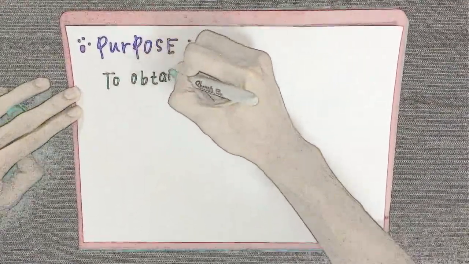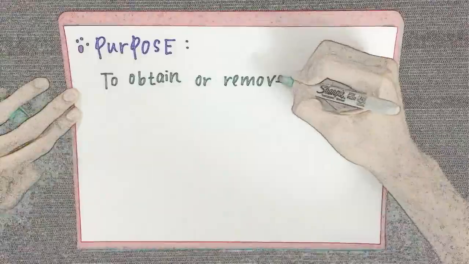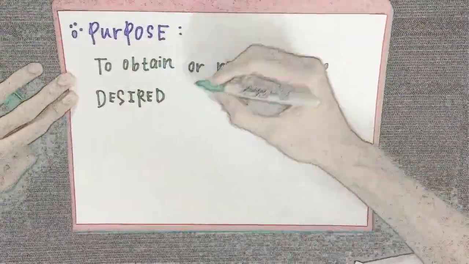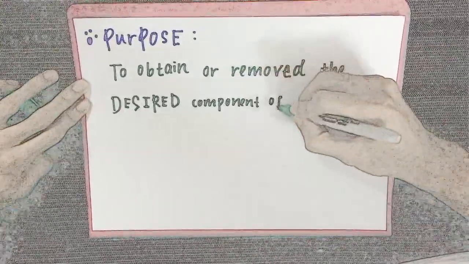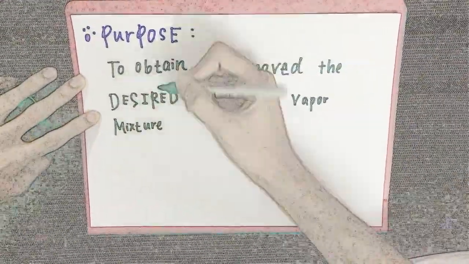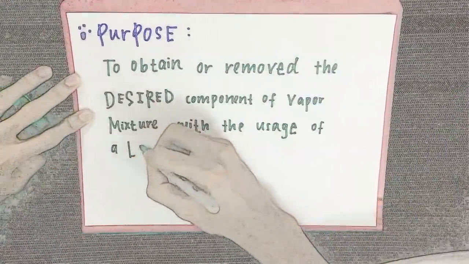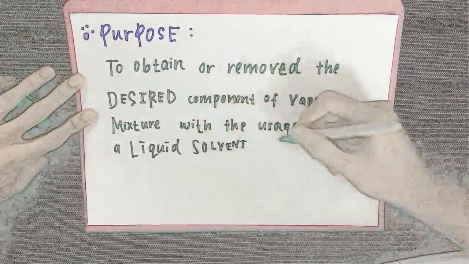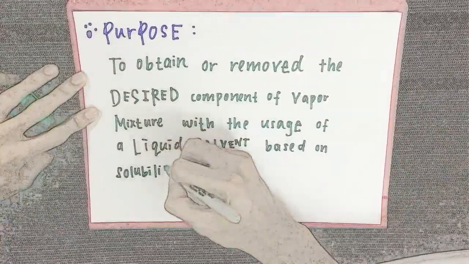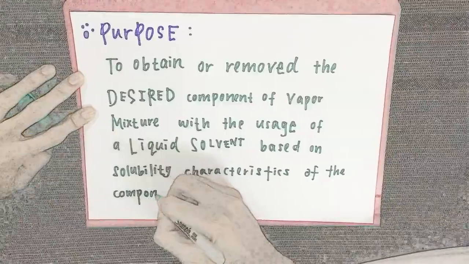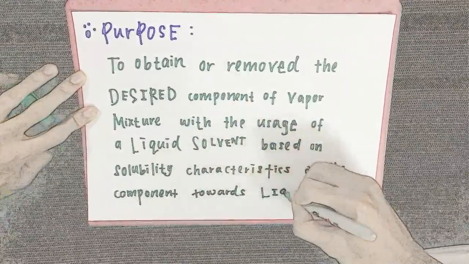To obtain or remove the desired component of a vapor mixture with the usage of a liquid solvent, based on the solubility characteristics of the component towards the liquid solvent.